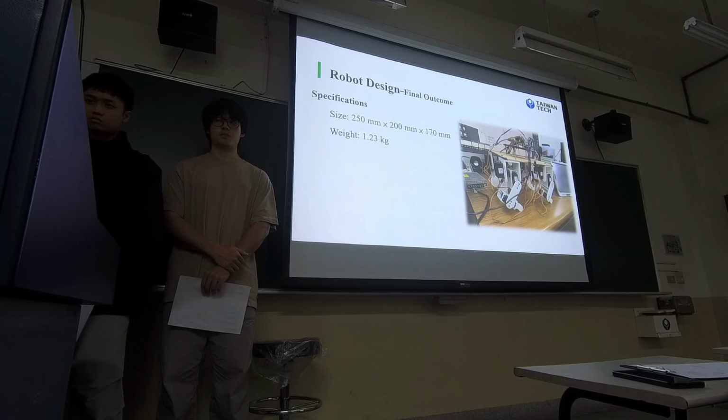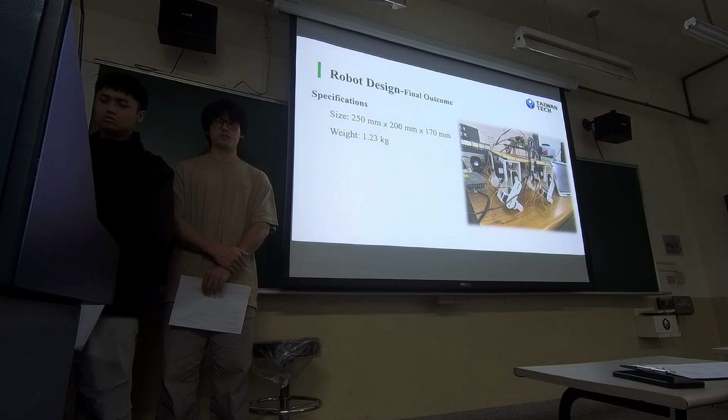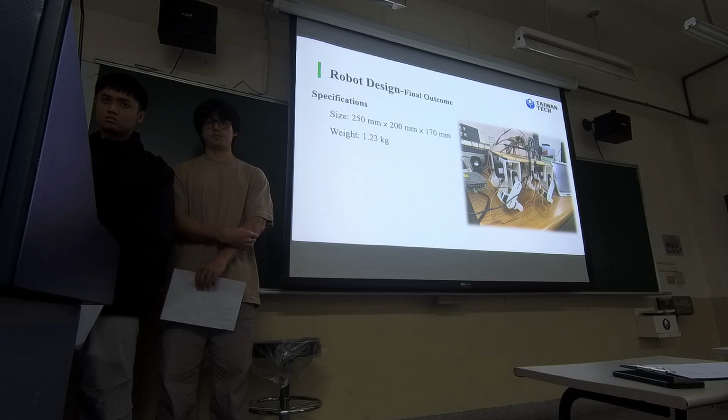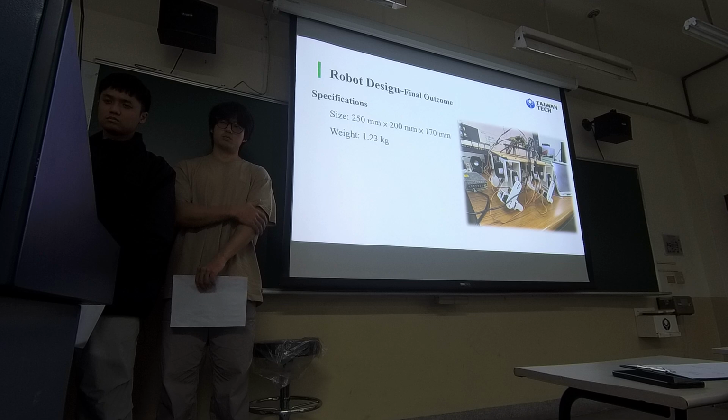And this is our robot. Our quadruped robot has the following specifications: a length of 250 millimeters, a width of 200 millimeters, a height of 170 millimeters, and a weight of 1.23 kilograms.